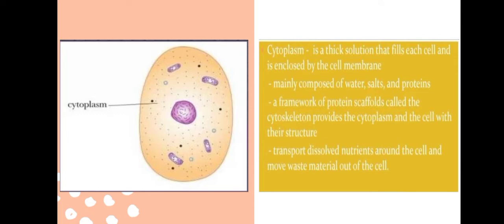This is a thick solution that fills each cell and is enclosed by the cell membrane, and mainly composed of water, salts and proteins, and a framework of protein scaffolds called the cytoskeleton provides the cytoplasm and the cell with their structure, and transport dissolved nutrients around the cell and move waste material out of the cell.